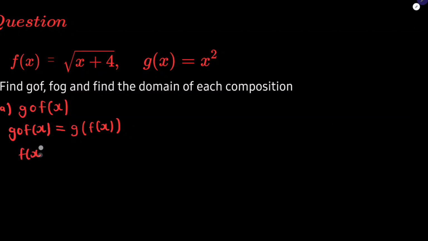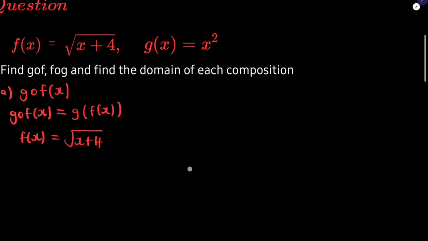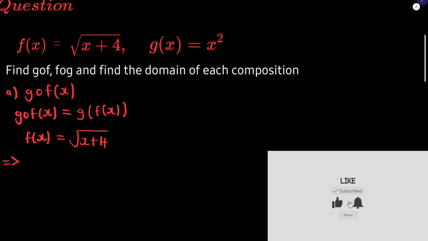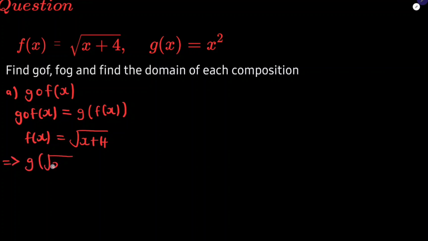Our f of x is the square root of x plus 4. So now we are going to substitute it for x in the g of x function. So we say g into the square root of x plus 4.